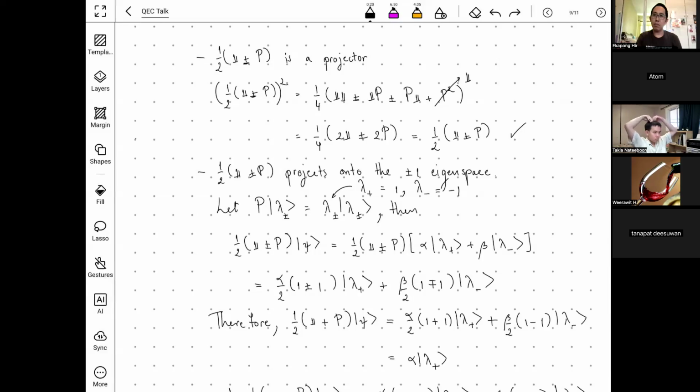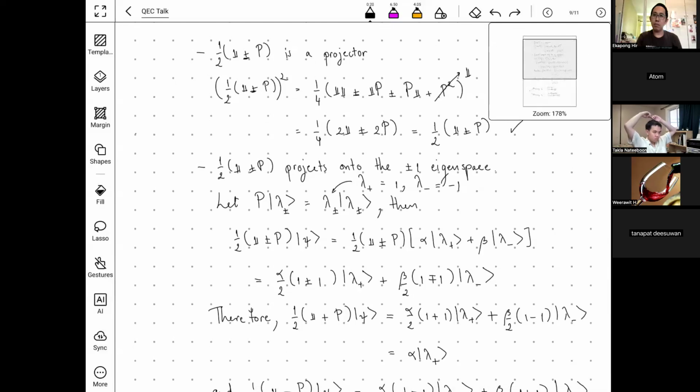Actually, like Nong Adam says, we require some property about P, the Pauli, but actually it can be anything that satisfies the commutation relation and anti-commutation relation that Adam showed on the previous page.